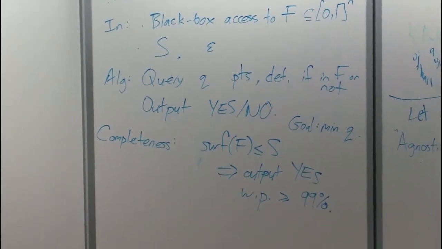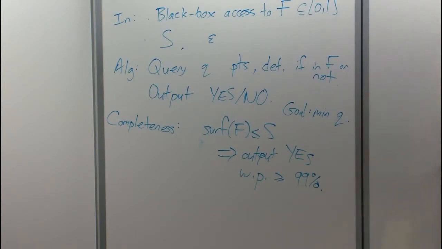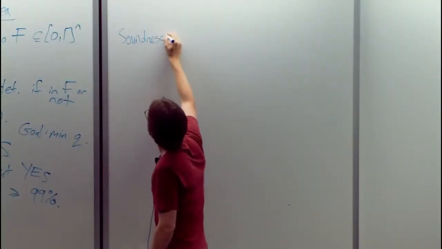And as usual in property testing, the soundness condition is slightly more subtle. You can't just say that if it has surface area bigger than S, then you output no with high probability. I'll draw a picture explaining why shortly. But if you're familiar with property testing, you'll recognize this kind of thing.